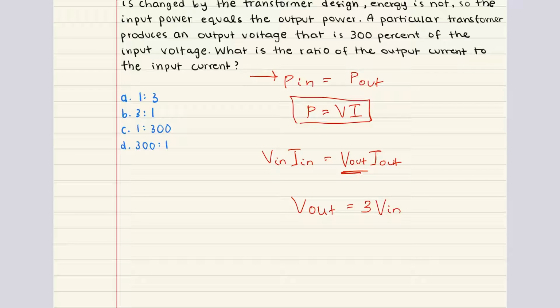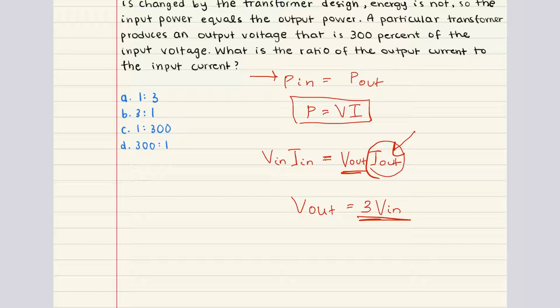Since power remains constant, the increase in voltage must result in a corresponding decrease in current on the output side. Remember, these have to be equal to each other. And if we define V out as 3 multiplied by the input voltage, there needs to be a change in the output current that allows this relationship to remain true.